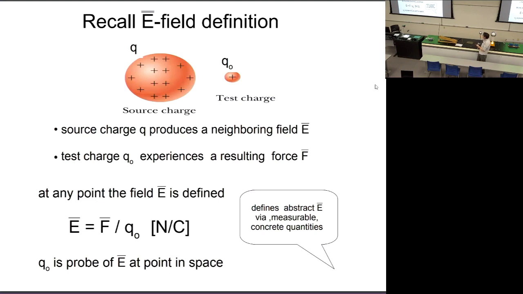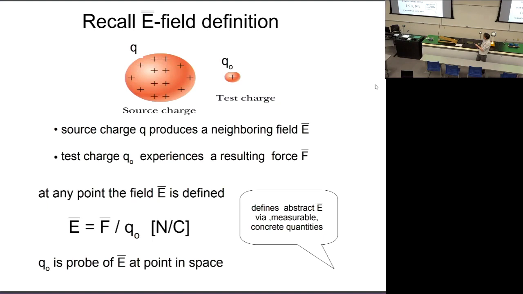So this equation tells us the electrical field at some point in space where we have positioned the test charge. The electrical field at this point is equal to the force on the test charge, which we better measure, divided by the charge of the test charge, Q naught, which we better know.